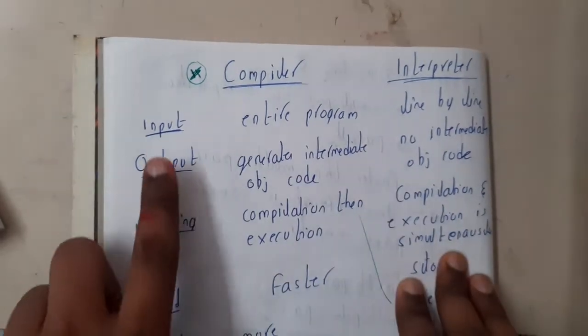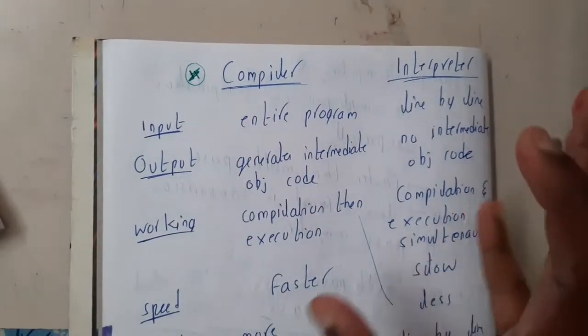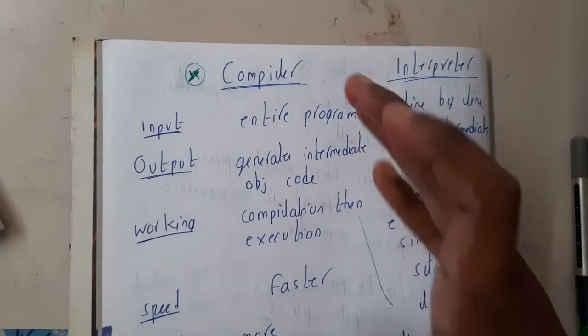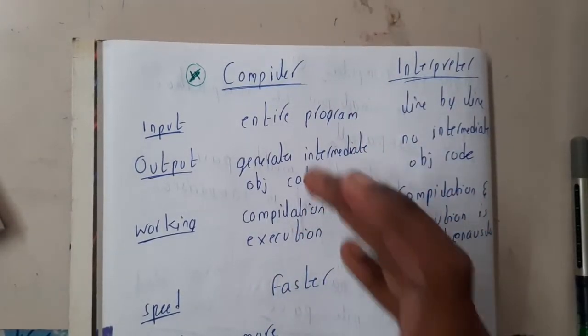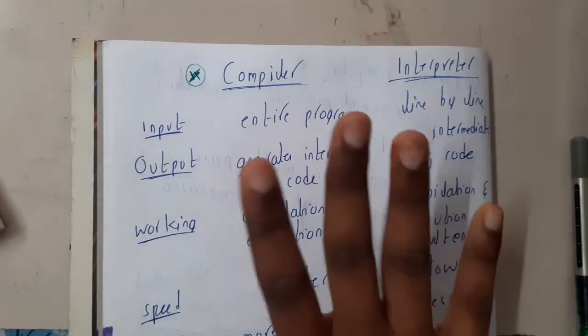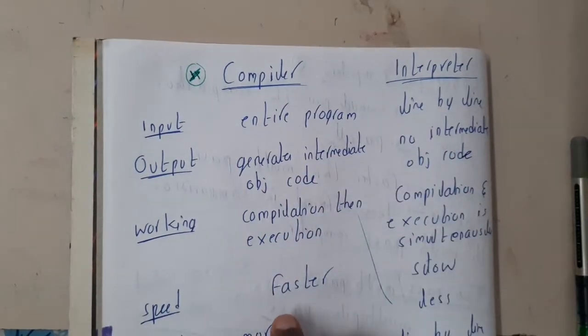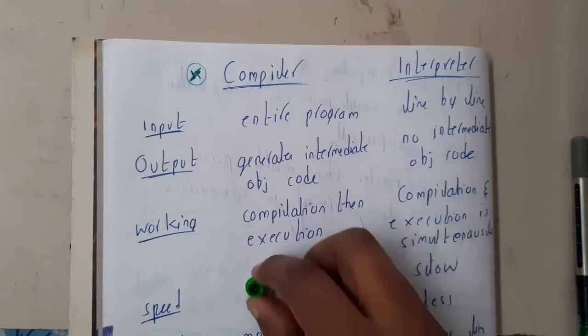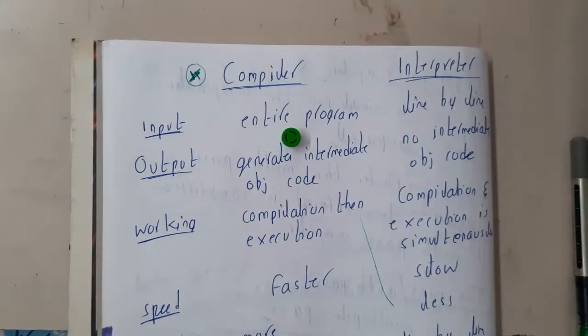When we compare with respect to input, for a compiler, remember it, guys, I will give you a clear idea, so please concentrate. For a compiler to run a particular block of code, you are going to give the whole code to it. Assume that this is a piece of code, so you give that whole code to the compiler.